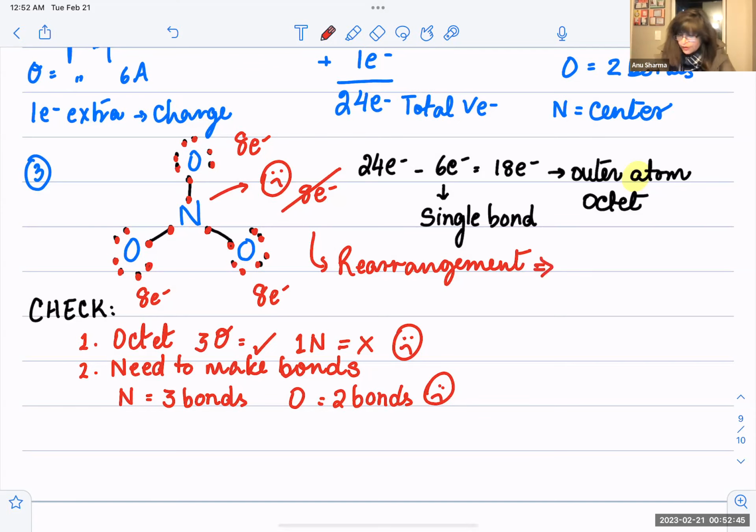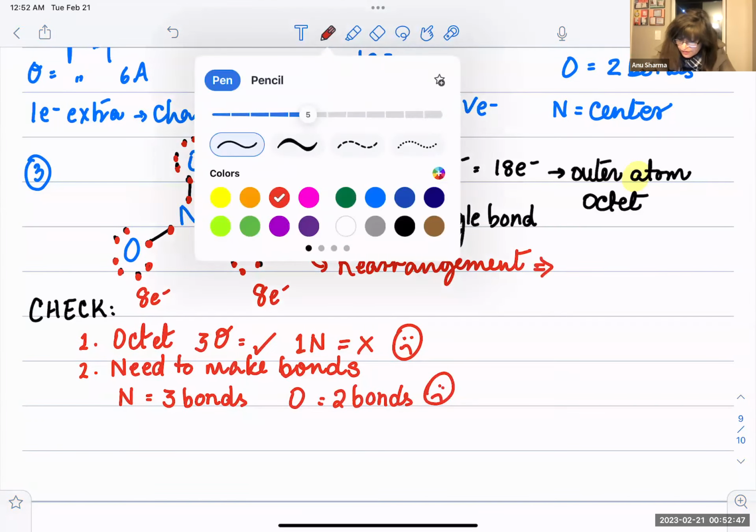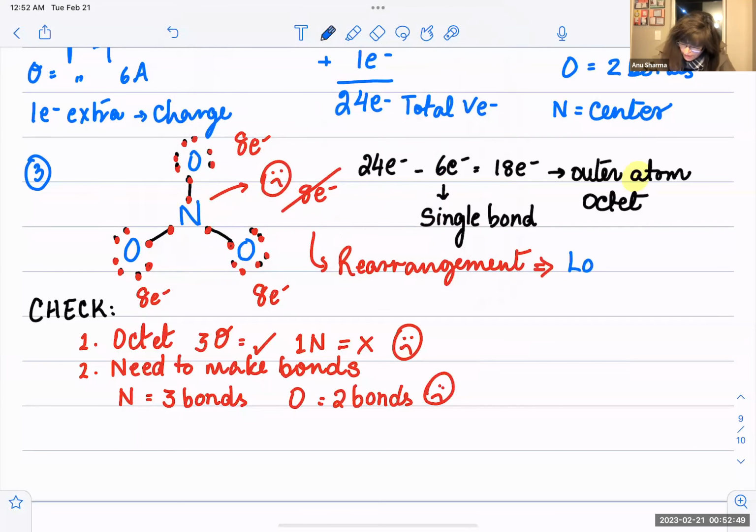And what happens in the rearrangement? In rearrangement, the lone pair from oxygen is used to make double bonds.